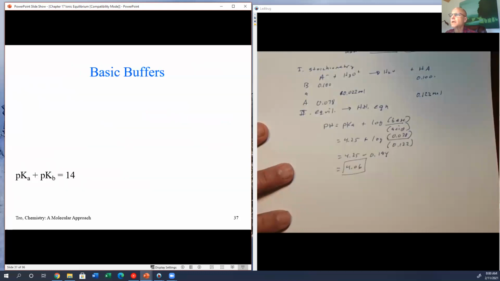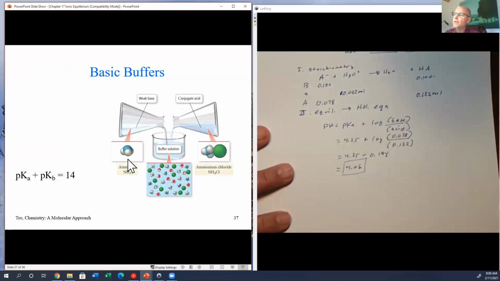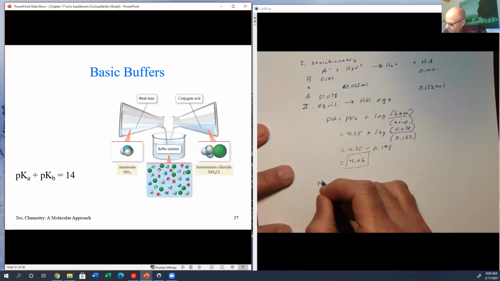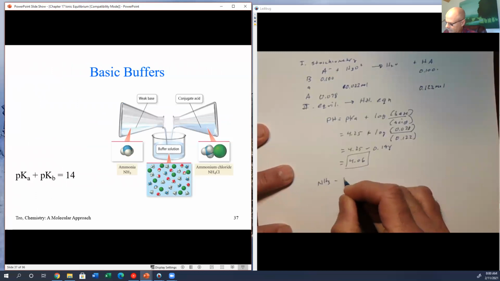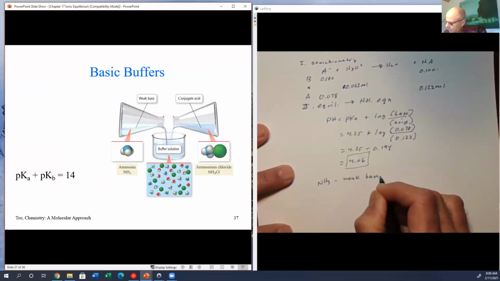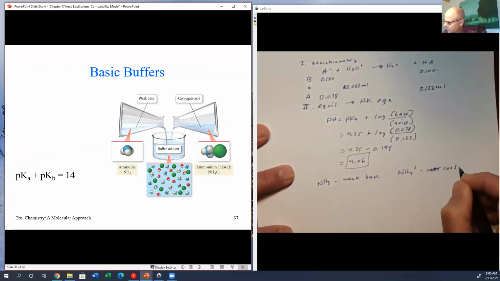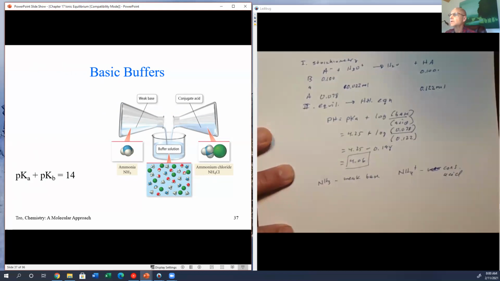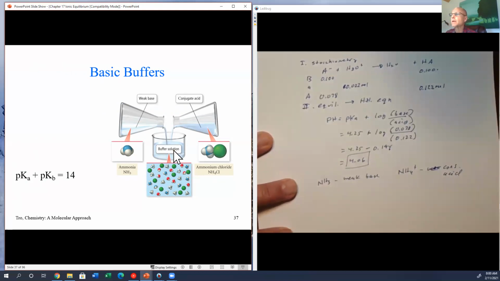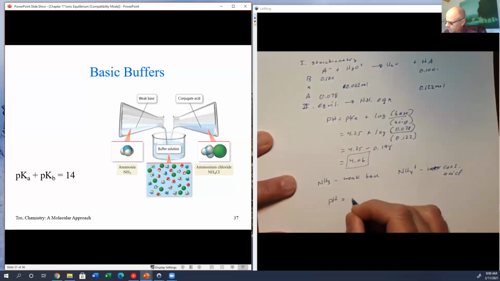So for example, if you have ammonia, that's the base, and you have ammonium chloride, that's the weak acid, you have a buffer in which you have NH3 as the weak base and NH4+ as the conjugate acid. So we could still use this equation to figure out the pHs of these kinds of buffers.